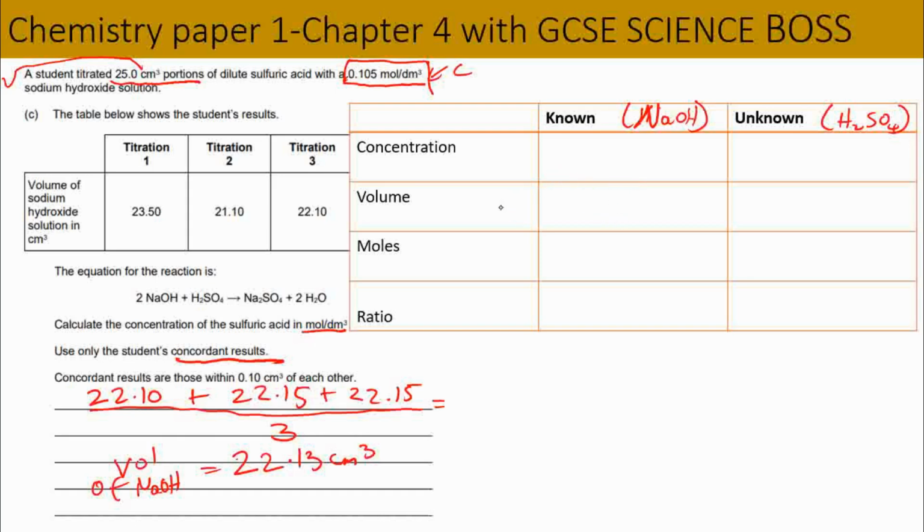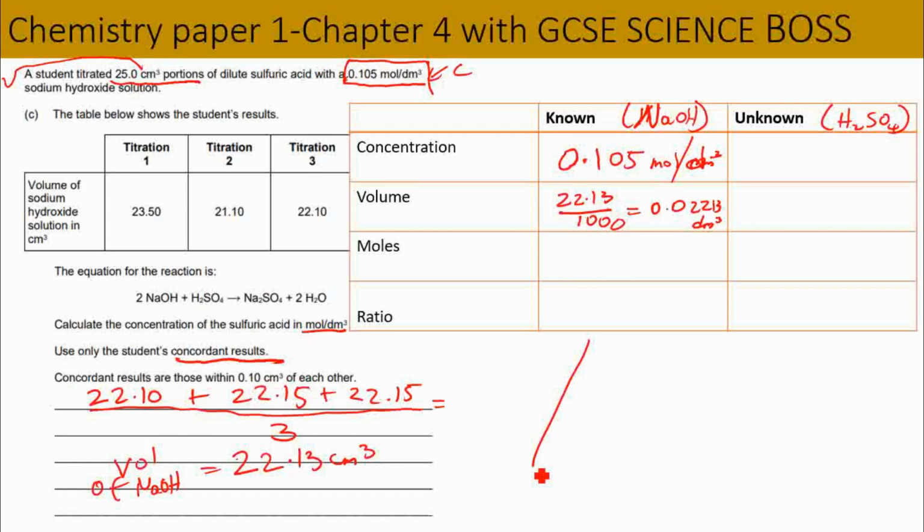We have been given the concentration here, 0.105 moles per dm cube. Then the volume, which is what we've just worked out, is 22.13, but we have to divide that by 1,000. That would give me 0.02213 dm cube. Okay, good.